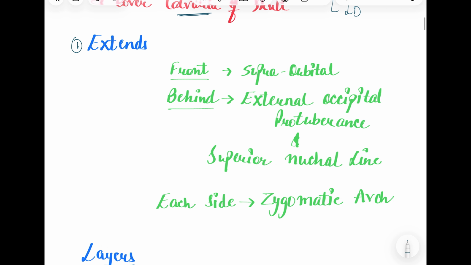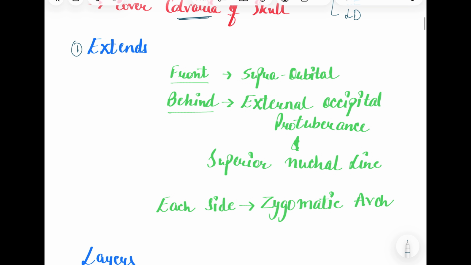So for the extent, the scalp in front is attached to the supraorbital region, right? The supraorbital part of your frontal bone, it's attached to that, and behind it reaches up to the external occipital protuberance.